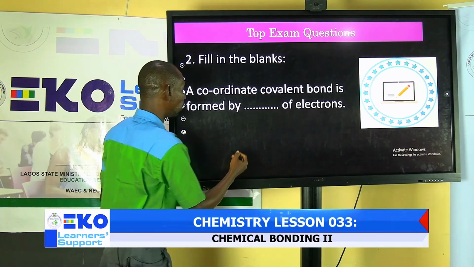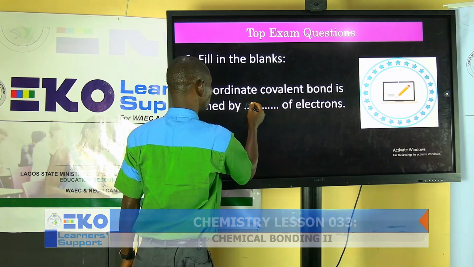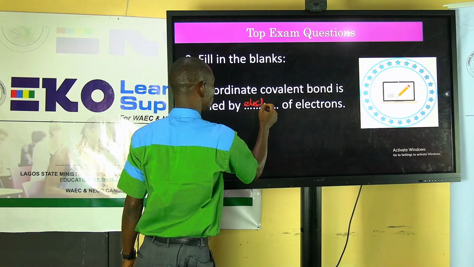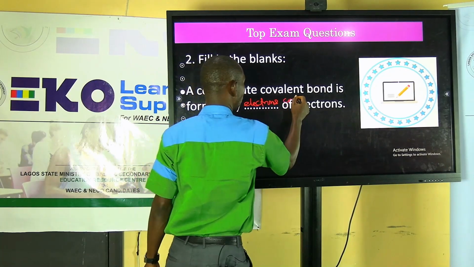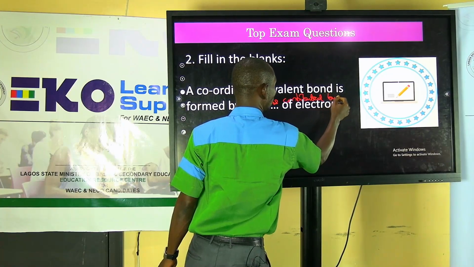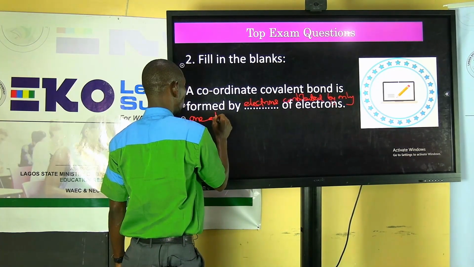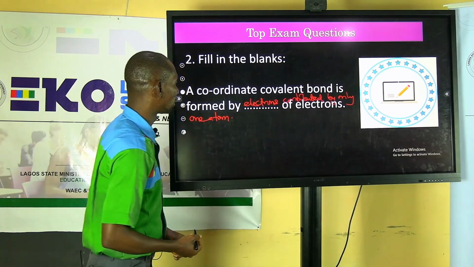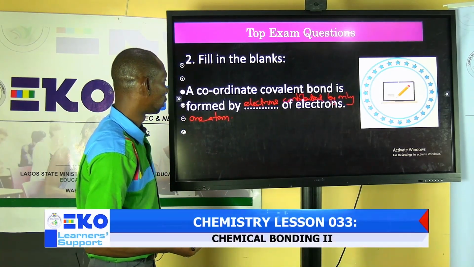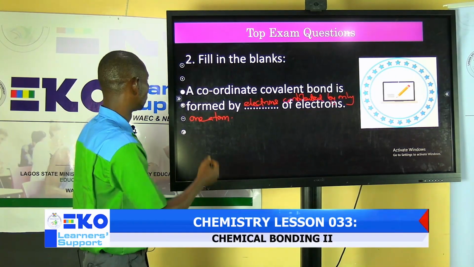It's formed by electrons contributed by only one atom. Or you can find another phrase that can flow with that. It's formed by only one atom that contributes the electrons.